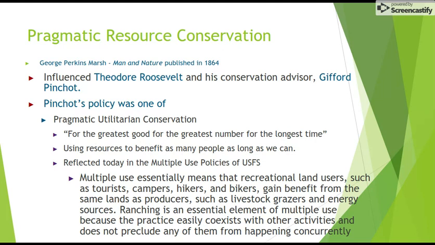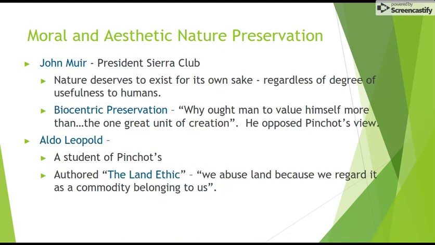Multiple use means we've got this for tourists and campers and hikers and bikers, right? These national parks. So we get benefit there. We have ranchers come in and their livestock will graze these areas some part of the year. So we're getting lots of different uses out of these areas, and we're going to manage it in a way that we can do it for a very long time.